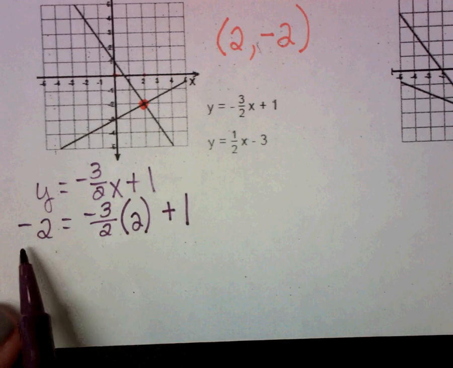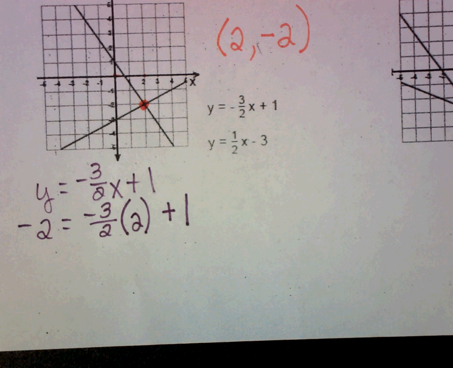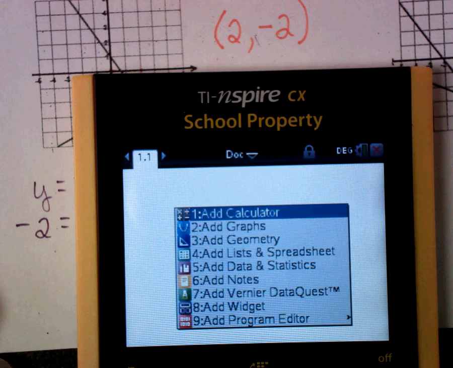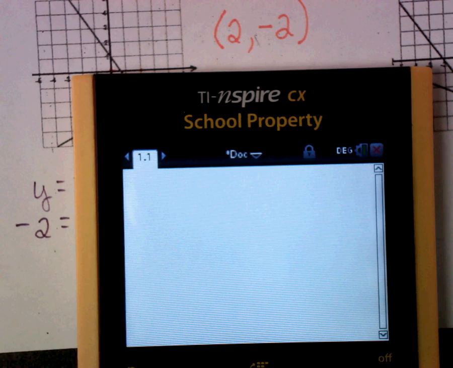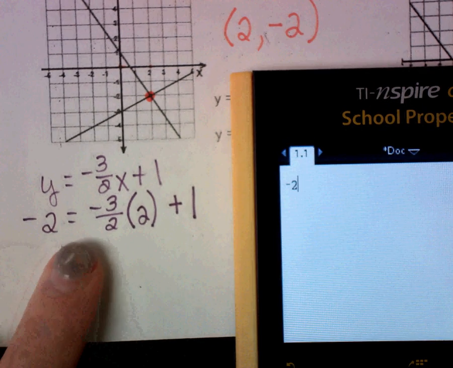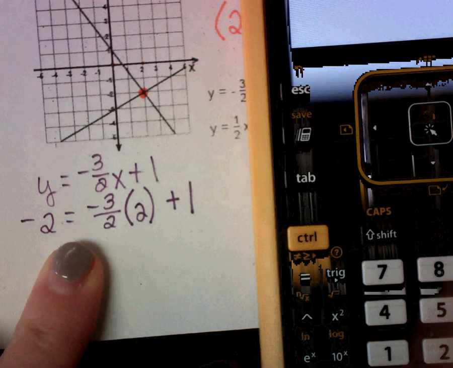Now, I'm also going to suggest to you that we could type that into our calculator just like that. If you get really bogged down with negative numbers and things like that, you can type it into your calculator. So let's look at what that would look like. I've got -2, equals, remember equals is right under the control key.